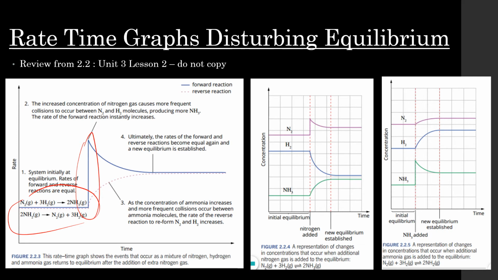We've got nitrogen plus hydrogen reacting to form ammonia. We add in a bunch of stuff. So in this case, we increase the concentration of nitrogen. We're going to get more of those particles colliding together. And so we're going to create more product. So we'll get more ammonia produced.